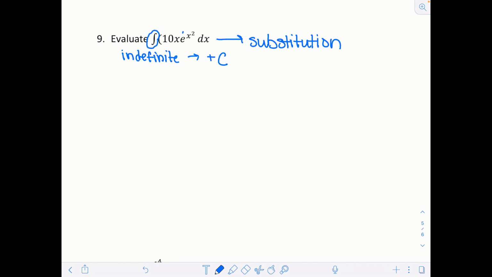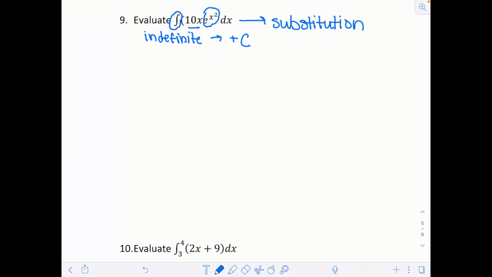In this particular one, we have an e to the x squared. If I took that derivative, it would be e to the x squared times 2x. So that part of the derivative, 2x, is kind of there, and that's an indication to maybe use substitution. Another way to know when to try substitution is that if it looks like a product rule or a quotient rule for derivatives, chances are you need to use the substitution rule.